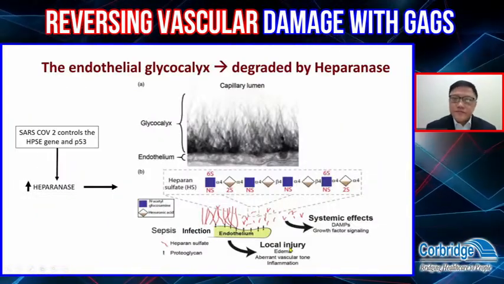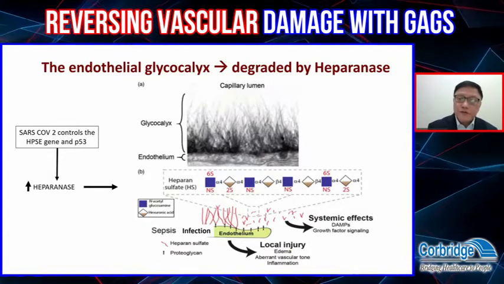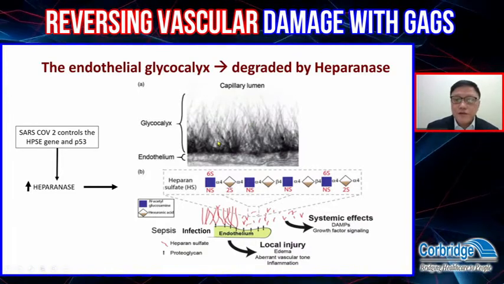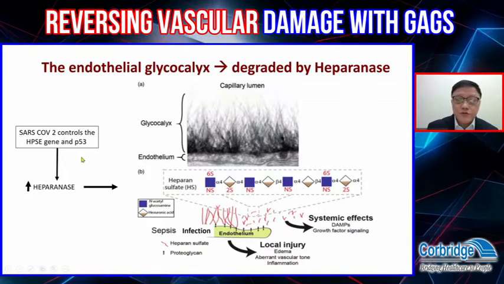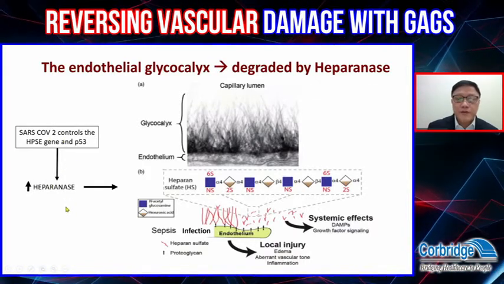Now, the glycocalyx, as I've mentioned in the first part, the only enzyme that can degrade the glycocalyx is heparinase. And in SARS-CoV-2, it was demonstrated that it can increase the activity of heparinase.